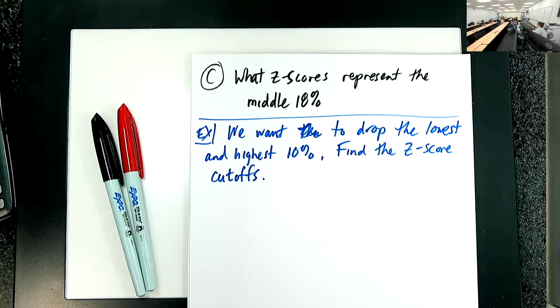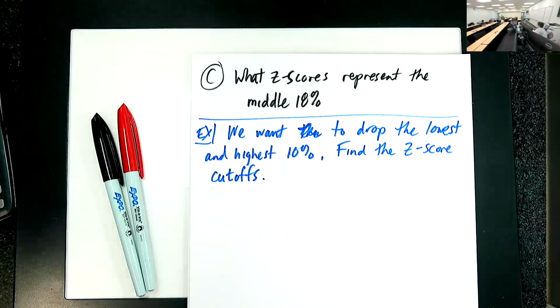And they might give you some backstory like Gizmo's at a manufacturing company or something like that. Some filler stuff to give it a word problem. They're really asking find that, drop the lowest and highest 10%.